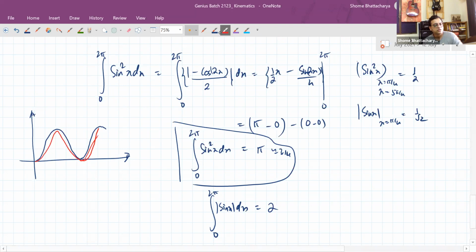Because at points like pi by 4, this has a larger value and this has a smaller value. They reach the same maxima, local maxima of 1, which is also the global maxima. So there's a subtle difference between the graphs.